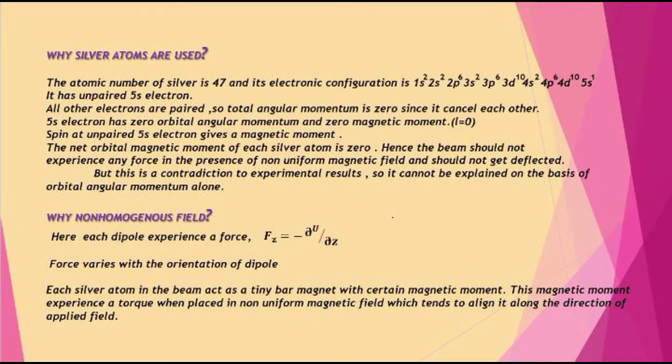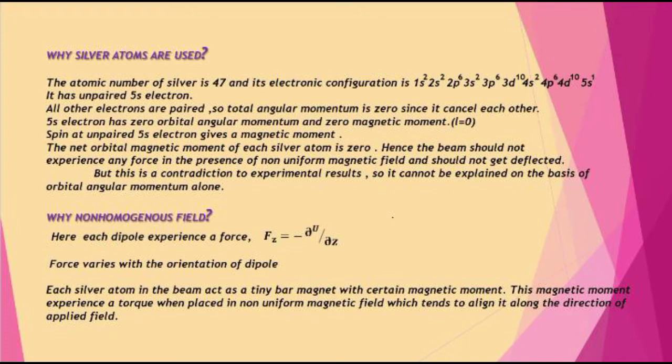All the 46 electrons are paired except the electron in the 5s subshell, so it has an unpaired 5s electron. All the other electrons are paired so that the total angular momentum is 0, since they cancel each other. The 5s electron has 0 orbital angular momentum and also 0 orbital magnetic moment.